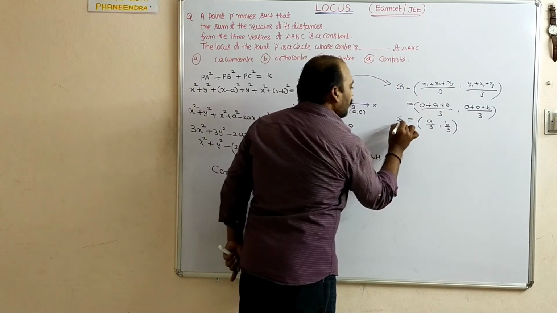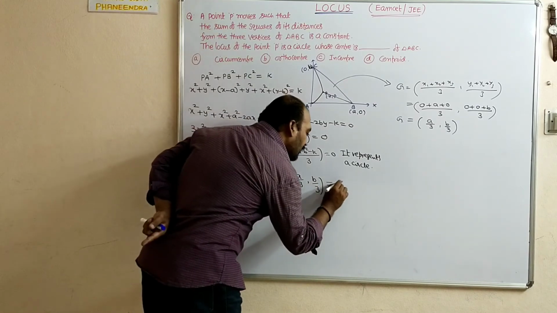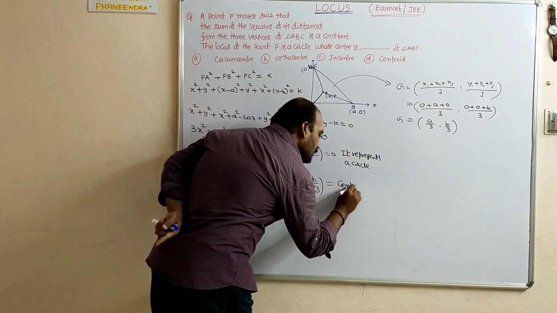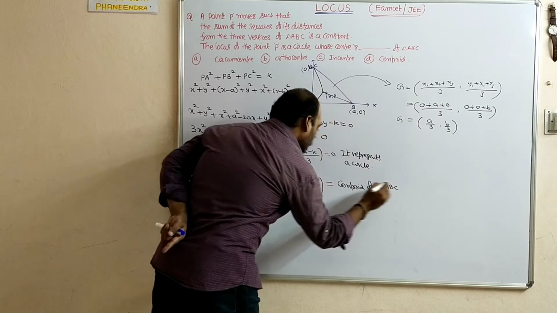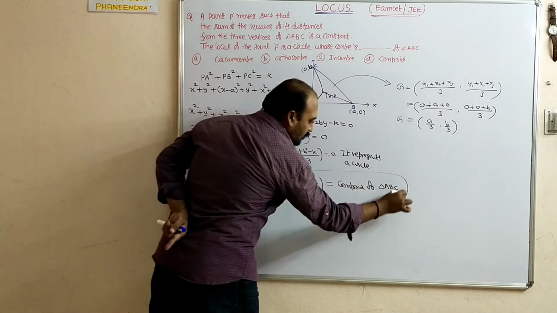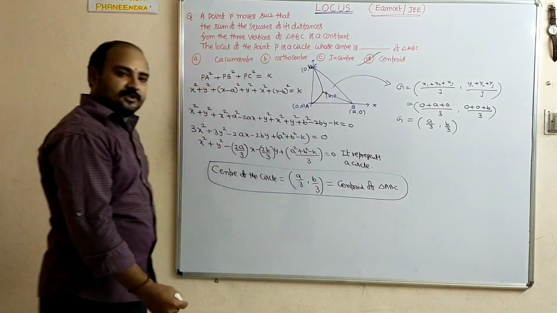So the center of the circle is equal to the centroid of the triangle ABC. That is what they are asking to find. So centroid, it is there in the fourth option.